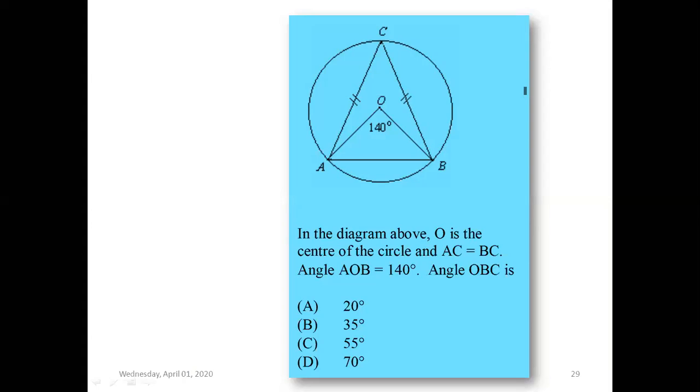First of all, anytime I do a geometry question, I identify which part I look for. Angle OBC is actually right in that little part there. That's angle OBC. I believe this is where you said the 70 should be, not true? Yes, sir.